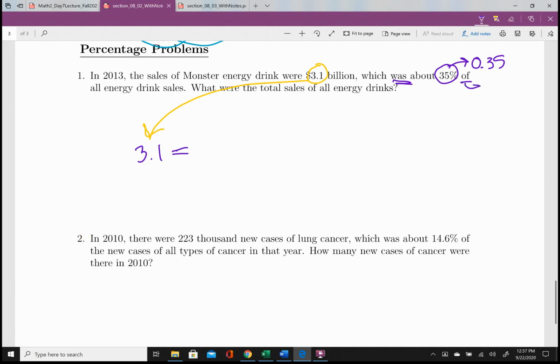Of translates to multiplication, right? All energy drink sales, okay, so really all energy drink sales is going to be our unknown.